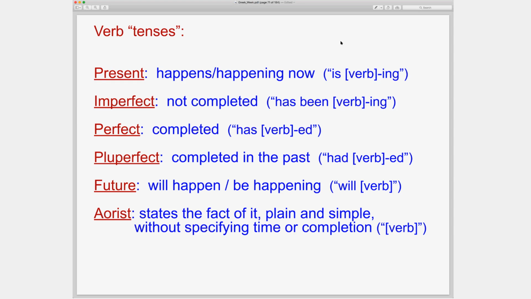Perfect is something that's completed. Has loved, has run, has strived. Pluperfect is the same as the past perfect in English. Had run, had bought, had done. Something that completed in the past.